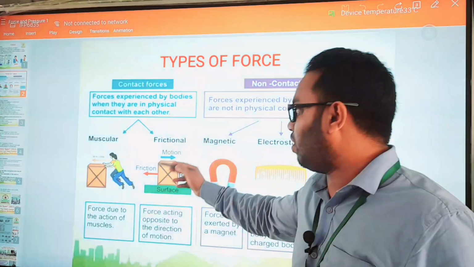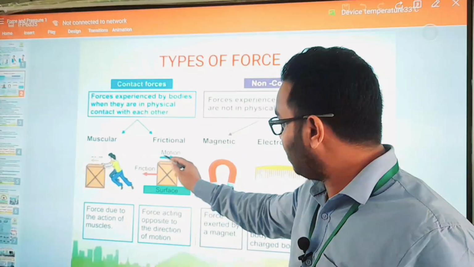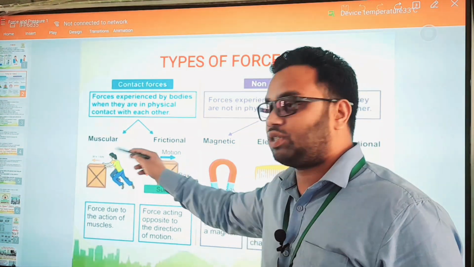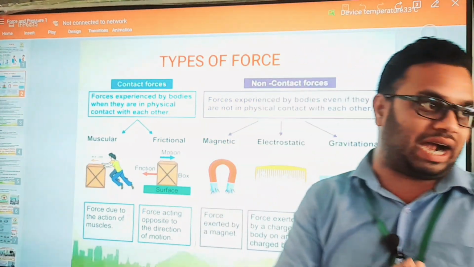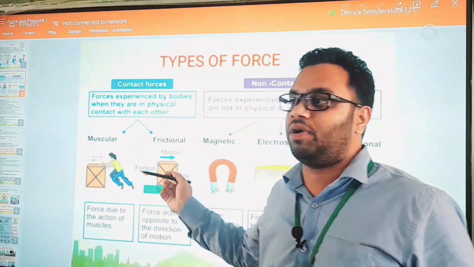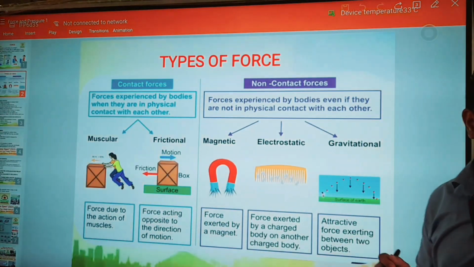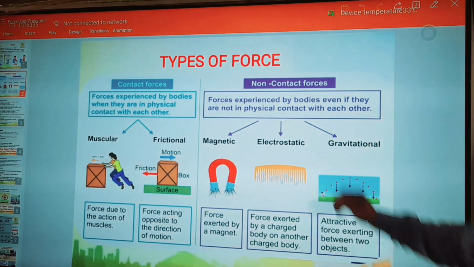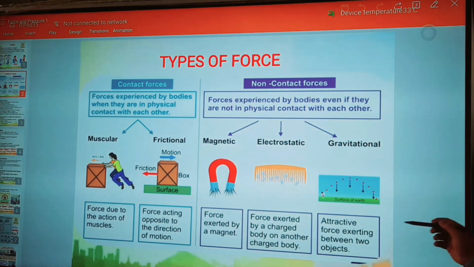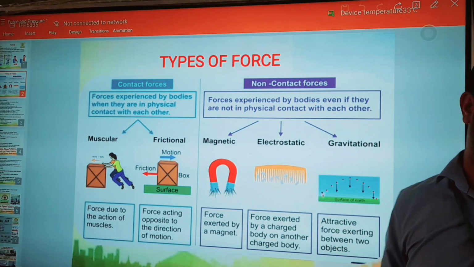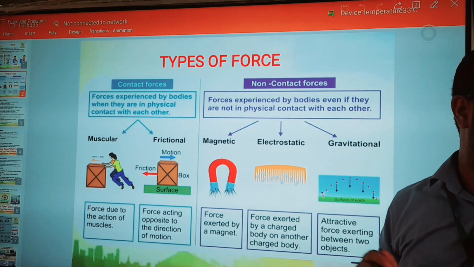Examples of contact force: muscular force and frictional force. These two forces act when the two objects are in contact. Without contact, muscular force and frictional force cannot act. And here, magnetic force, electrostatic force and gravitational force. These forces can act without any physical contact.